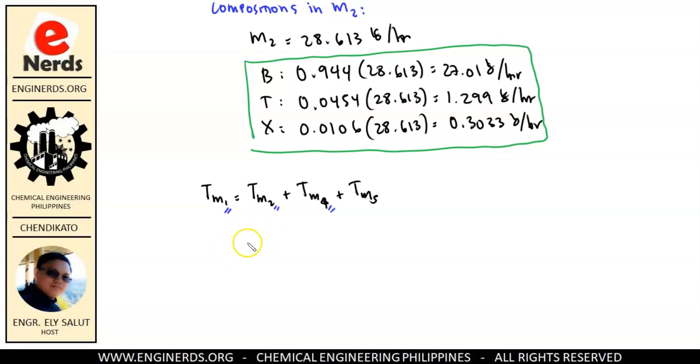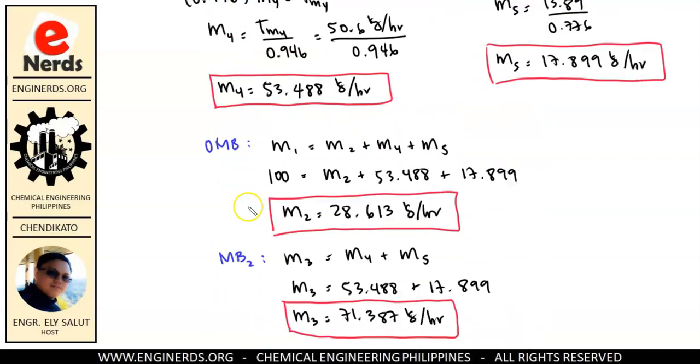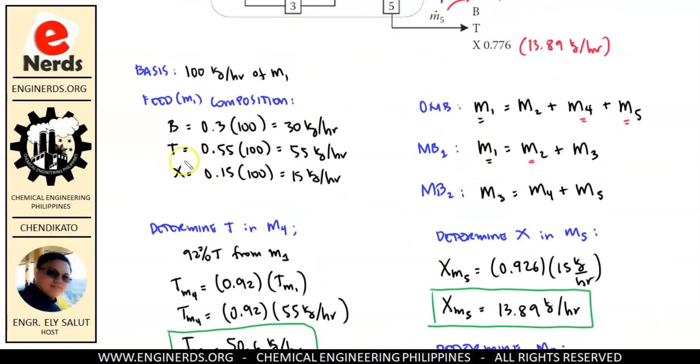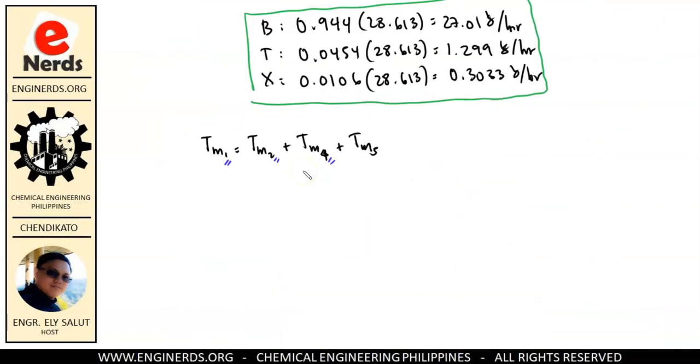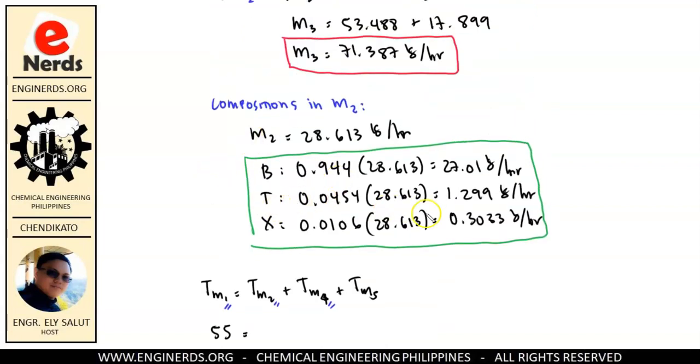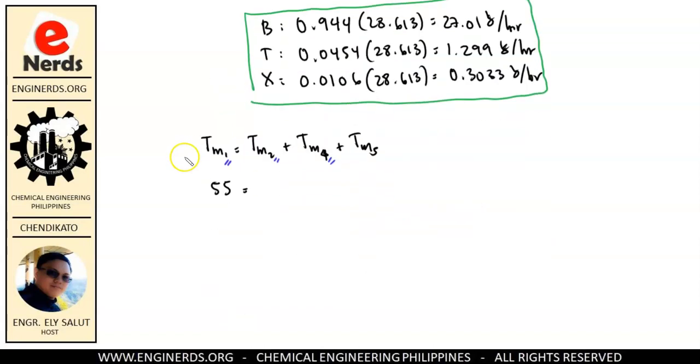Now, our toluene in M1 is equal to 55 kilograms per hour. Our toluene in M2, nasagutan na natin yan dito. This is 1.299 plus toluene in M4.